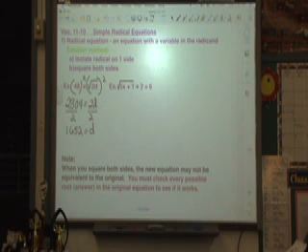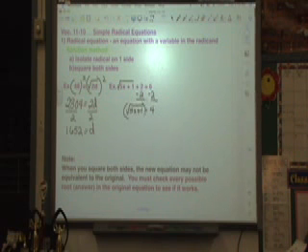The second example, what's under the radical sign is not isolated, so you need to get it by itself, and the adding 2 needs to be undone, so we'll subtract 2 from both sides. Now we have the square root of 5x plus 1 by itself on the left, and everything else is on the right.